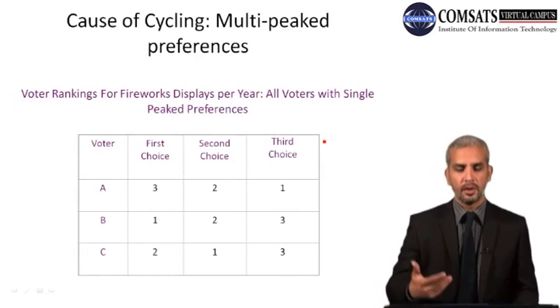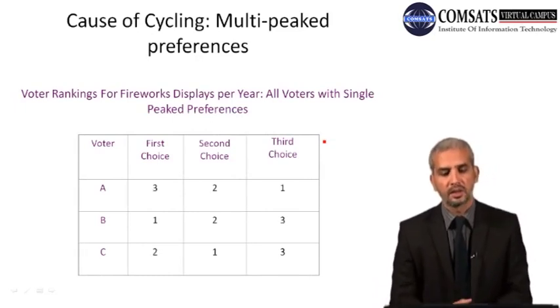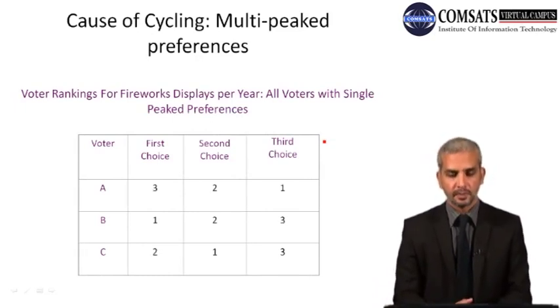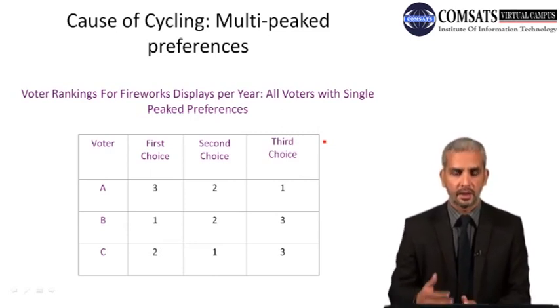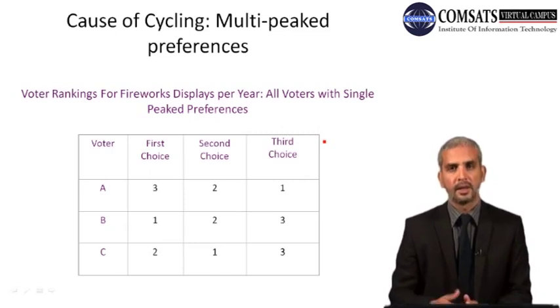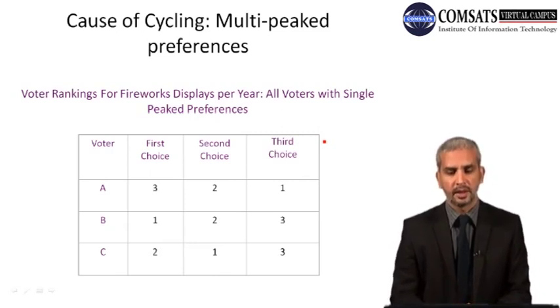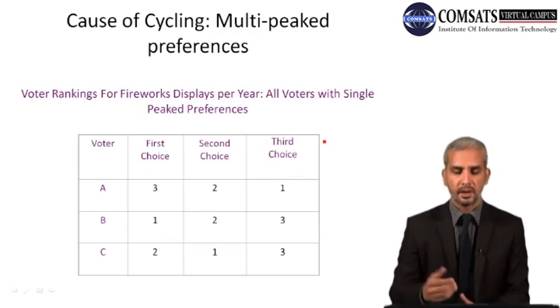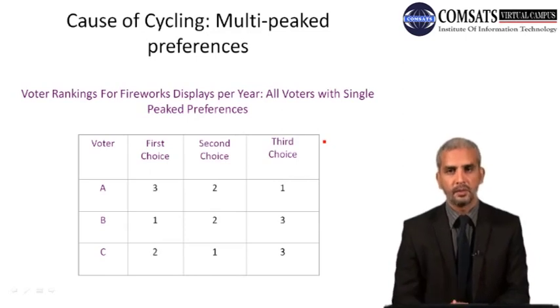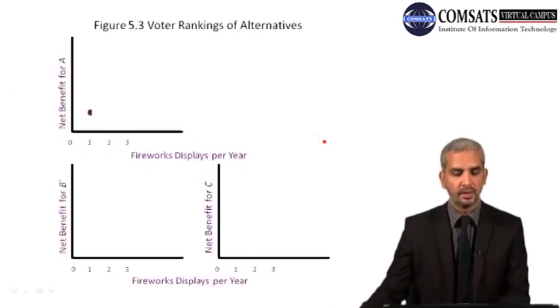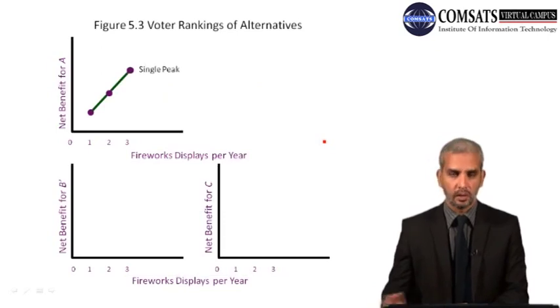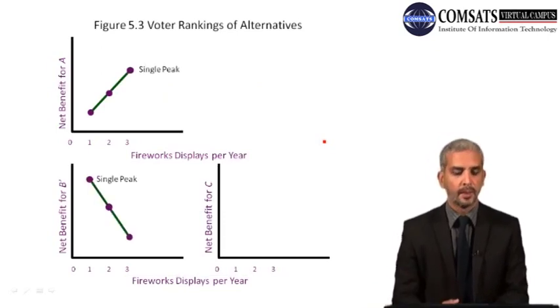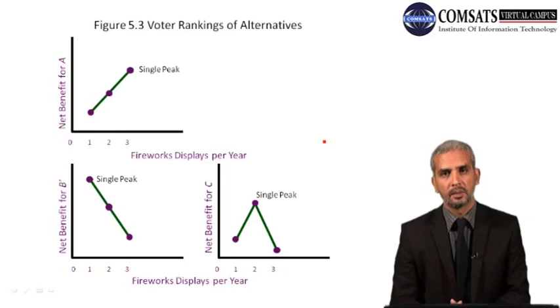Now we pointed out the cause of this cycling phenomenon, and why pairwise cycling resulted in an arbitrary result. We treated multiple peaked preferences as the cause. The individual B who showed multiple peaked preferences, we took out, and we included another individual, B star, who showed single peaked preferences.